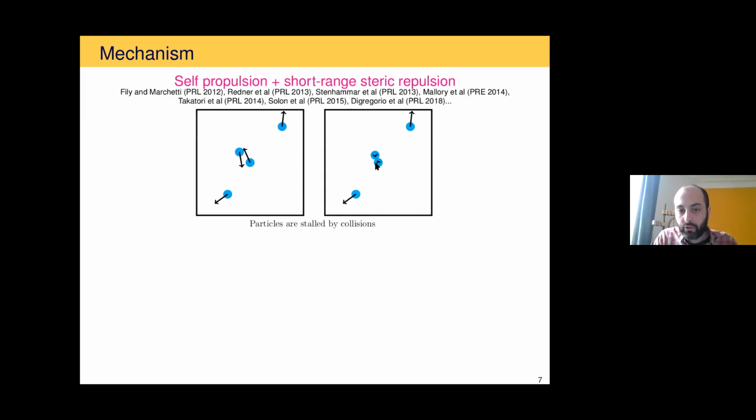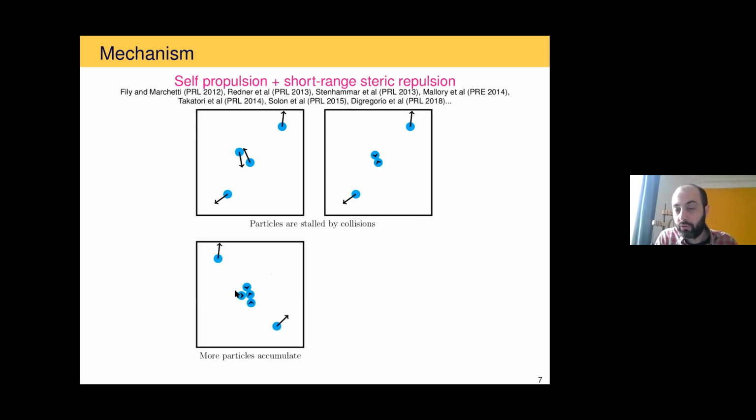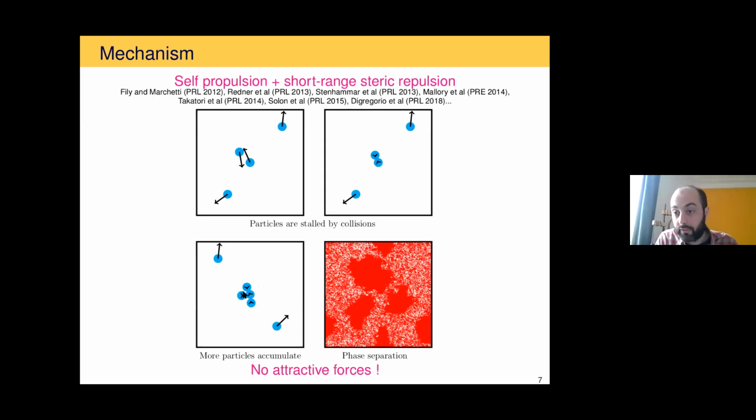But if they get stuck long enough, other particles have time to come in and you make a bigger cluster. And so you have a feedback loop. Even more particles are going to come in. And in the end, what you get is a phase separation, where you have domains of high density where the particles cannot move, and domains of low density where they can move faster.